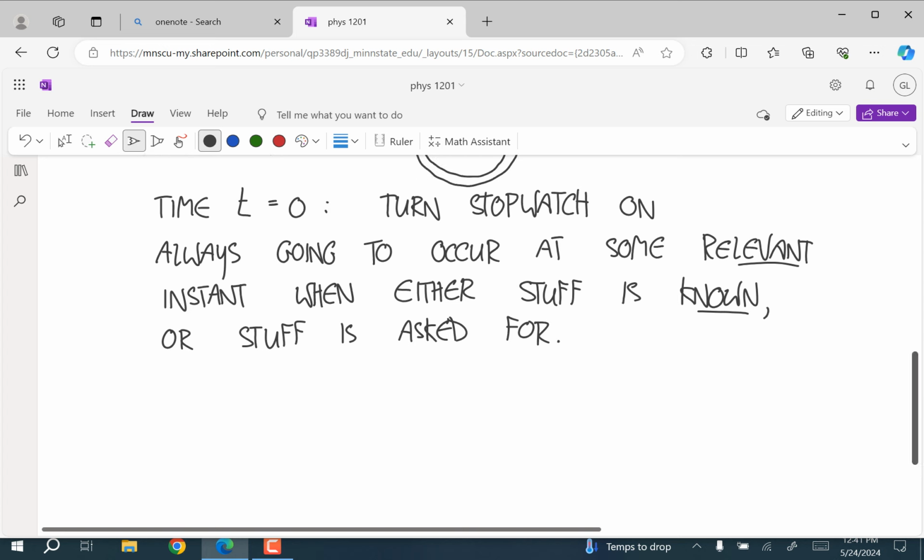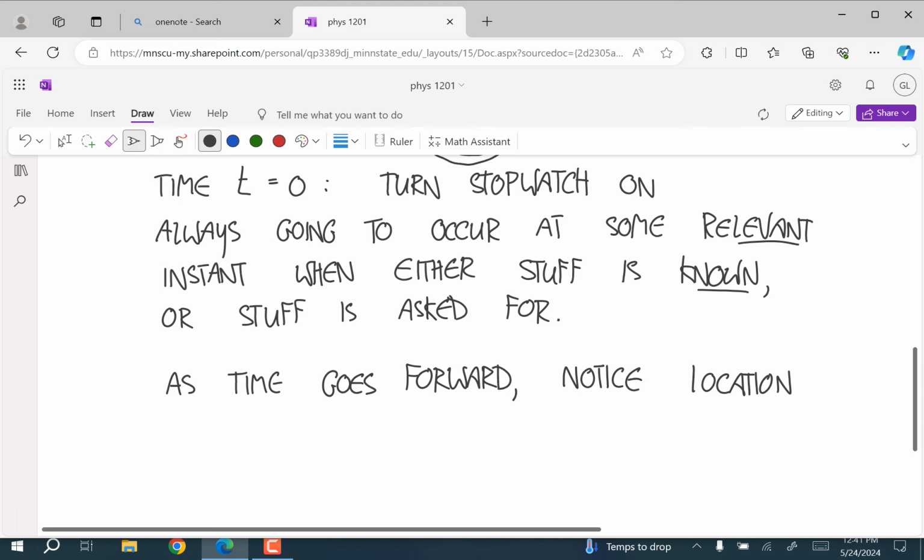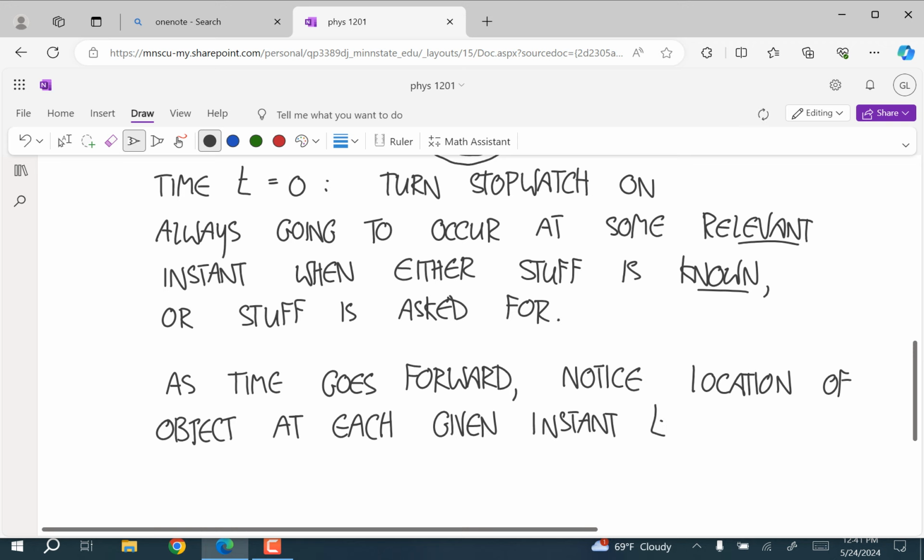As the stopwatch goes forward, as time goes forward, we're always going to notice the location of the object at each given instant t.